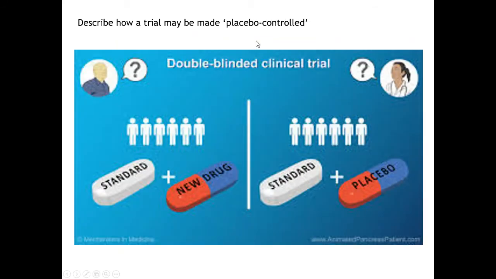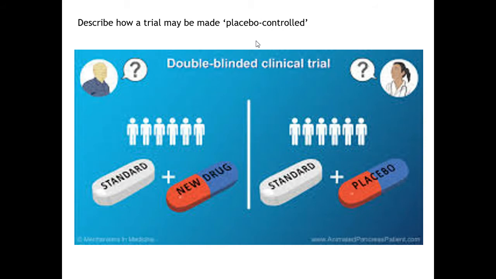In a placebo-controlled trial, the participants in one of the treatment groups, at the very least, will not be given the trial drug or vaccine. Obviously, in situations, for example, where we're talking about cancer treatments, if there is currently an effective treatment for that condition, you can't just not give the person a drug and make them think they are being given something.